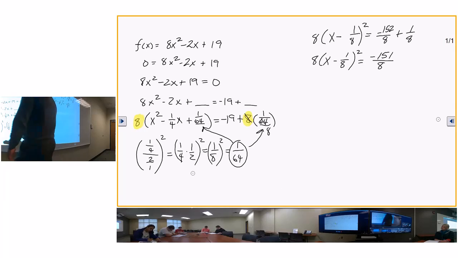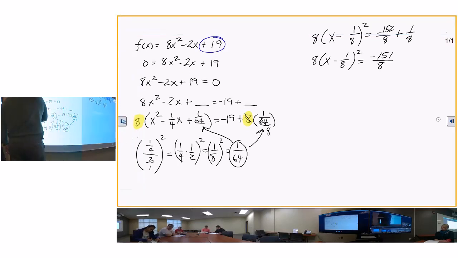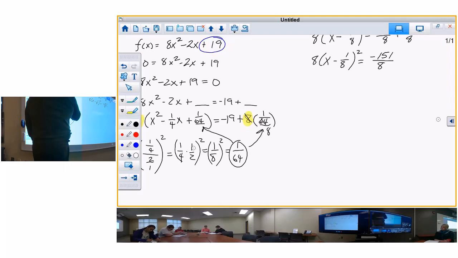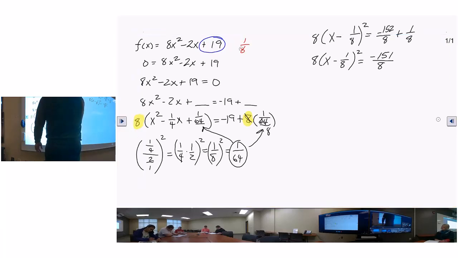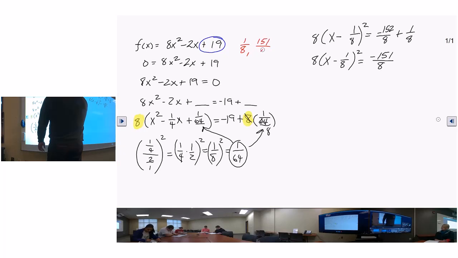So here is our y-intercept. There's our y-intercept. Our vertex is 1/8, comma, 151 over 8.